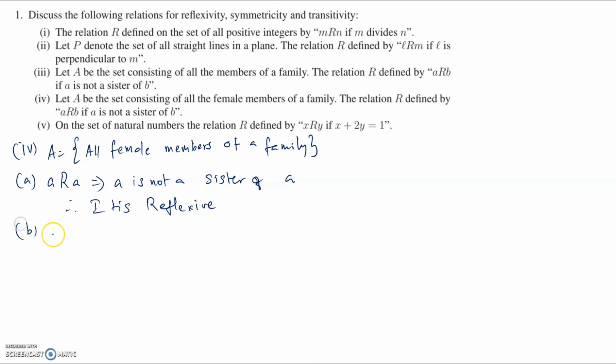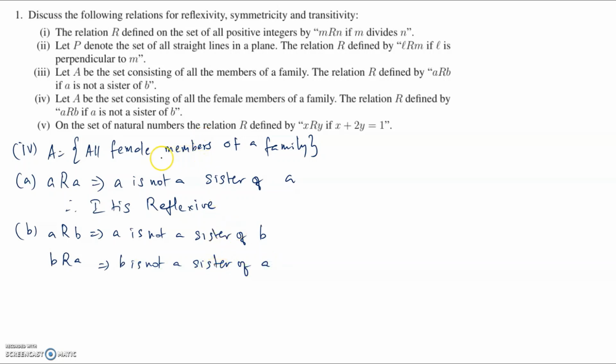Now, A related to B would imply A is not a sister of B, and B related to A means B is not a sister of A. This is possible because it's within the family, all the female members. So if A is not a sister of B, then B is not a sister of A. Therefore, it is symmetric.